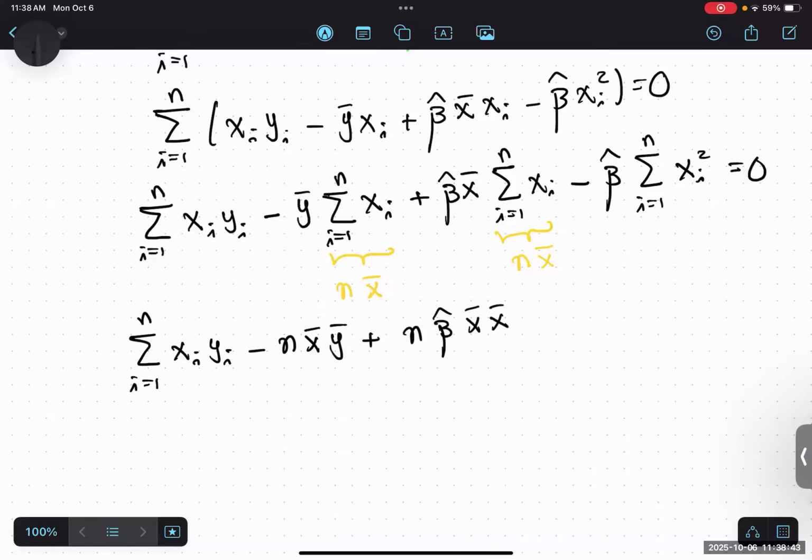So obviously that term is going to be x bar squared, no? And the last element we have is beta hat, and this didn't change, right? This beta hat, the sum from 1 to n of xi squared equals 0.